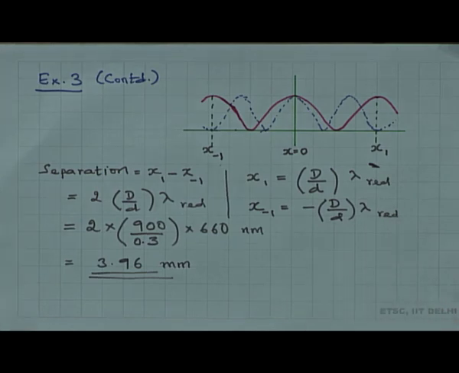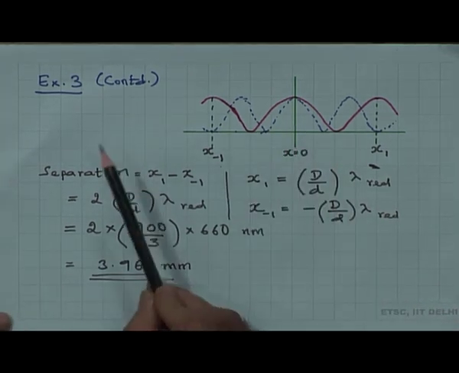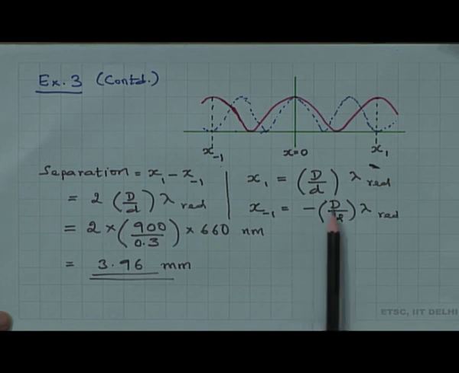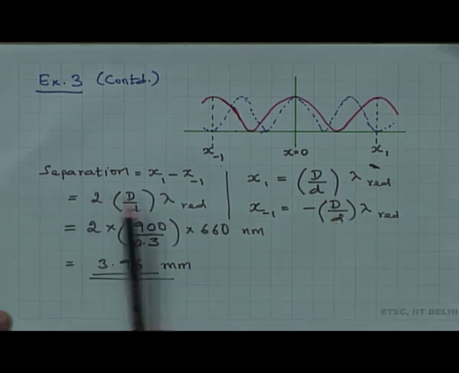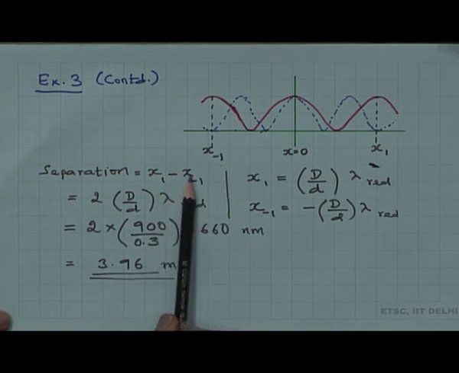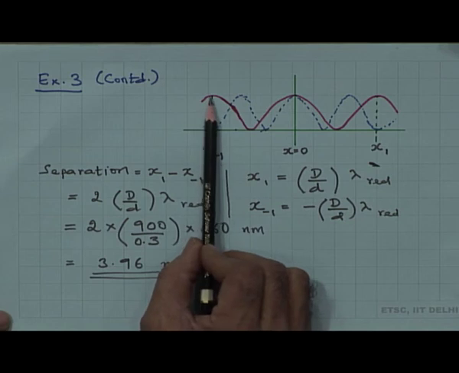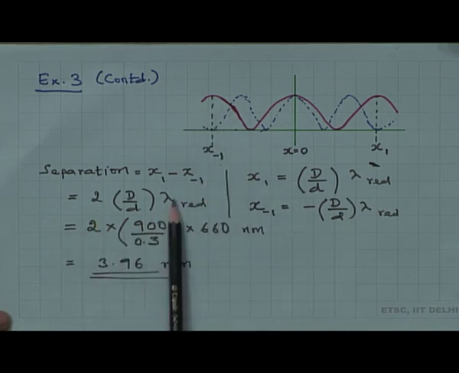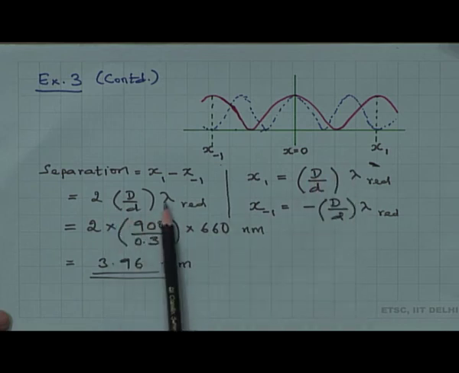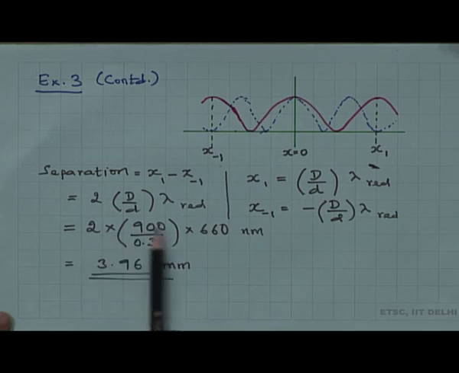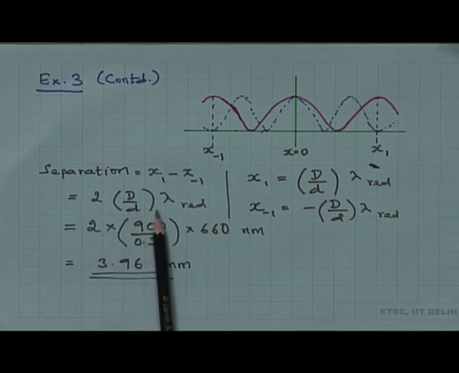And x minus 1, that is on the other side, is given by minus D by d into lambda red. The separation, therefore, x1 minus x of minus 1 order, that is this side, will give you 2 times x1, that is 2D by d into lambda red. And if we substitute the numbers, 2 into 90 centimeters.